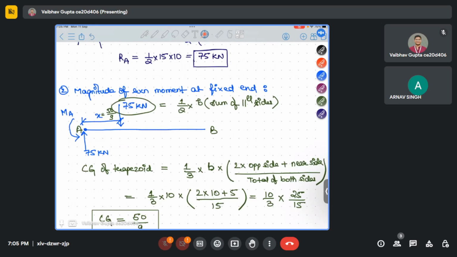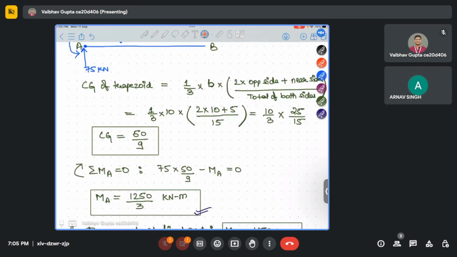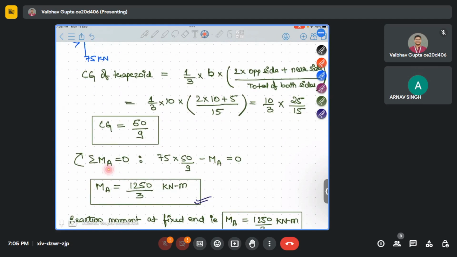You are calculating from A, so the opposite side will be B. Then you will get the CG as 50 by 9, and then you balance the moment equilibrium and you will get the moment.